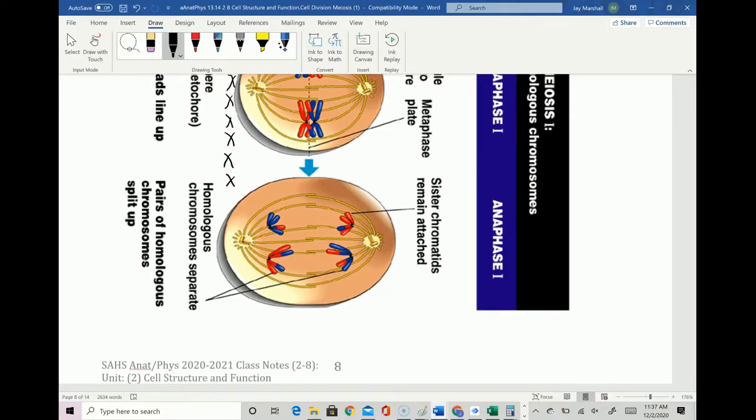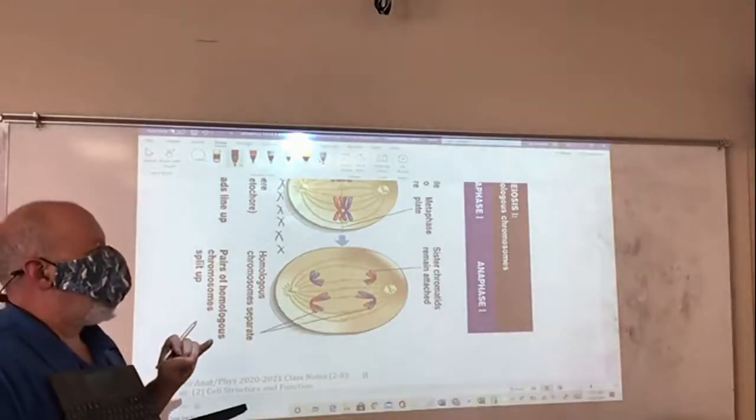Okay, so a lot of similarities, but major differences. In prophase of mitosis, there's no crossover. There's no association of homologous pairs of chromosomes. In prophase 1 of meiosis, there is a physical association of homologous chromosomes, and recombination occurs during that time.